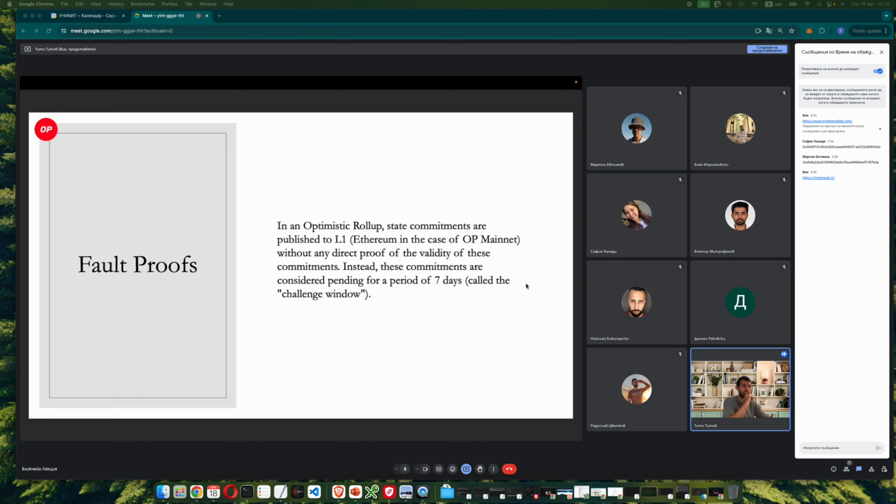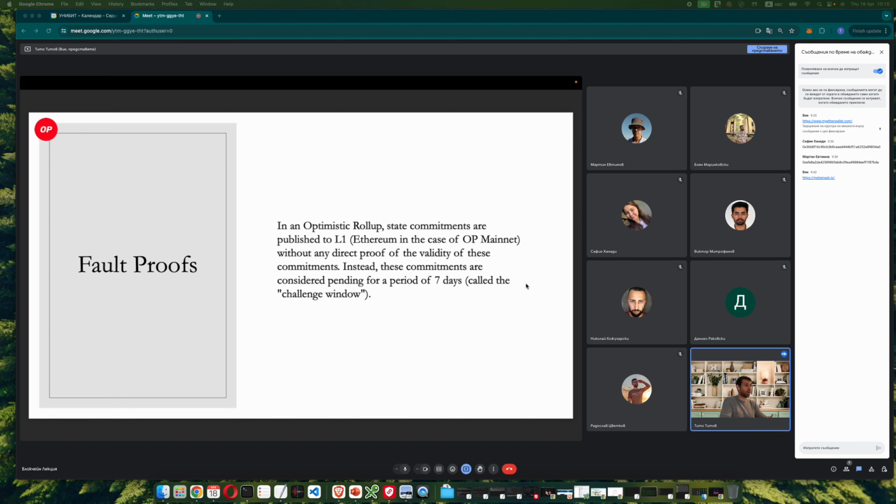Inside this challenge window, which is usually 7 days, at the moment it is 7 days, a multisig that is controlled by the Optimism community can raise a challenge in order to revert some of the transactions. But in the future, anyone can raise a dispute and claim that some of the transactions are invalid and they could be reverted.